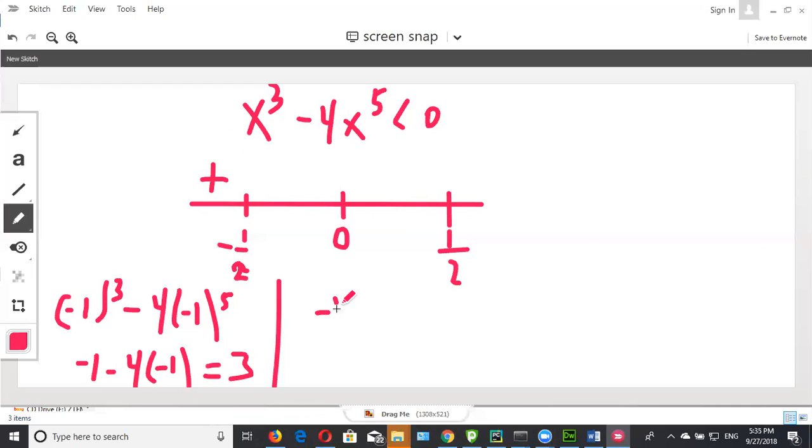So I can pick minus 1/4. If I cube that, minus 4 times minus 1/4 to the 5, raising a negative number to the fifth power will result in a negative number, multiplied by another negative will give us a plus sign.